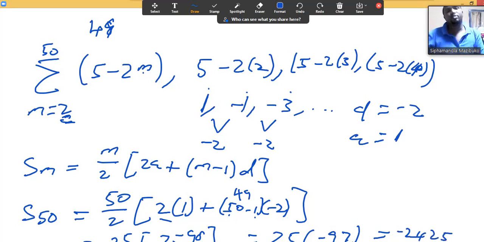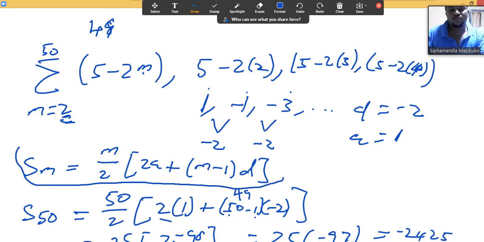So that would be our sum. It's easier to do it like this than to try to write out terms until you get to 50. It would be too much work. So you need to familiarize yourself with the general formula, which can help you easily find the summation of a series that has many terms.